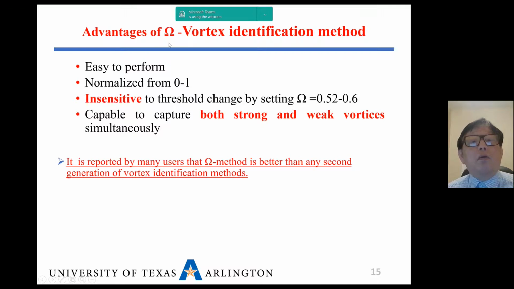Well, the omega method has some advantages. First, it is easy to perform. Second, it is normalized from 0 to 1. Third, it is insensitive. We pick omega equal to 0.52, which can work well. When we change from 0.52 to 0.6, even 0.7, the vortex structure changes very little.